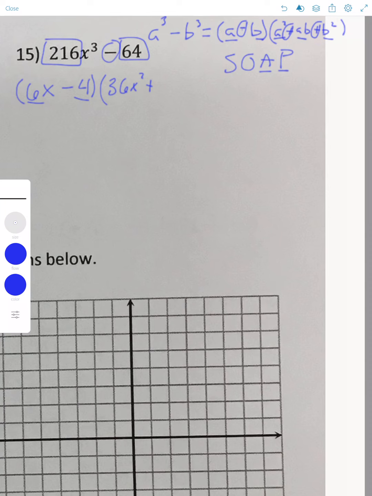So 6x times 4 is 24x. So same sign, opposite sign, always positive, and then we're going to square our last term, which is 16. So you don't have to go any farther than this. We're just factoring or breaking it down in sum or difference of cubes.